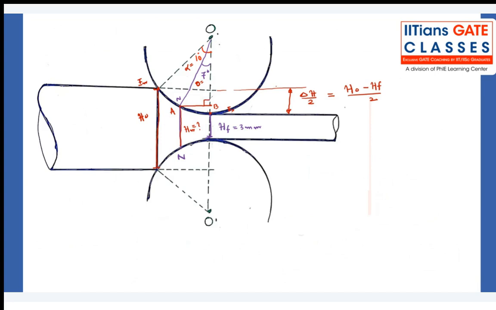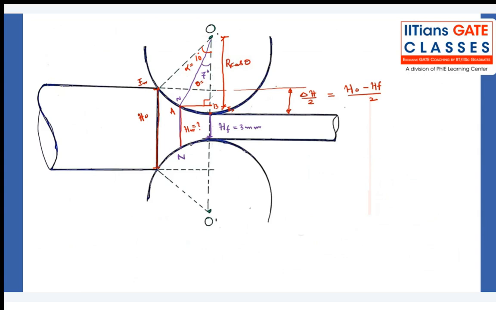How can we write this distance? This distance is R cos theta from triangle OAB.